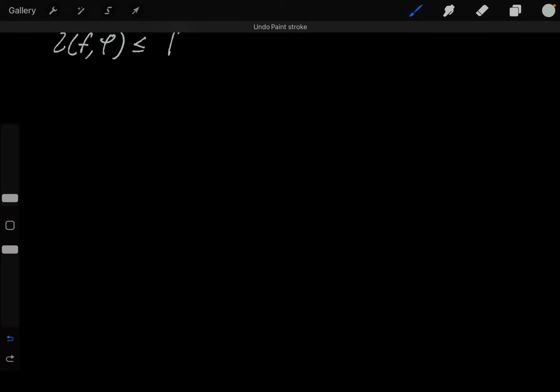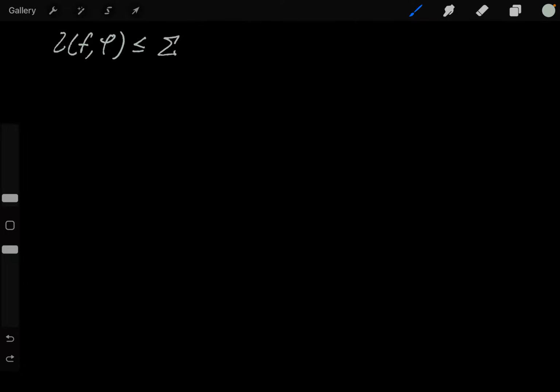Okay, so let's recap, let's take our time. I know that the lower area for this partition is less than or equal to the sum of f of zi times xi plus 1 minus xi, i goes from 0 to n minus 1, and then the upper area.